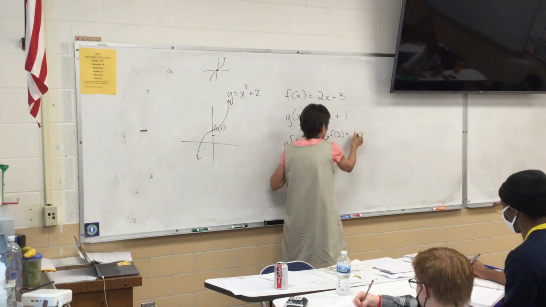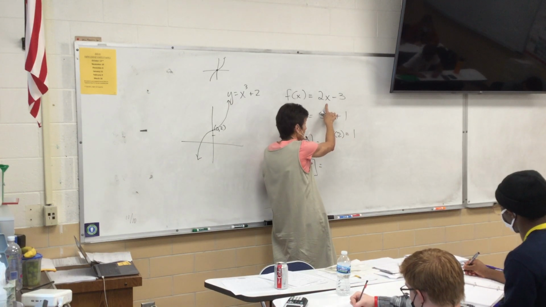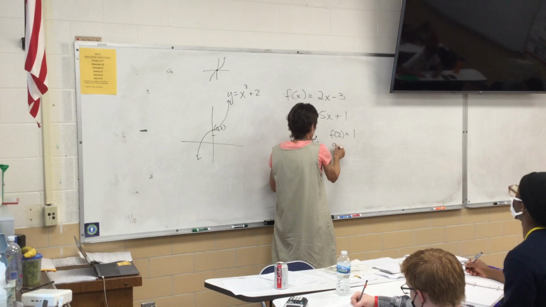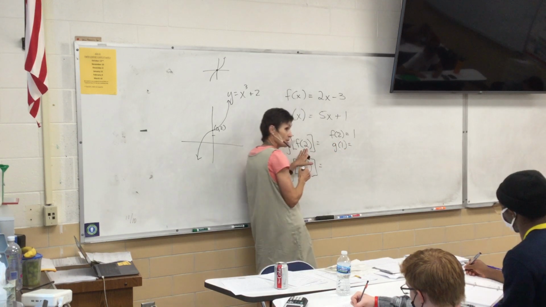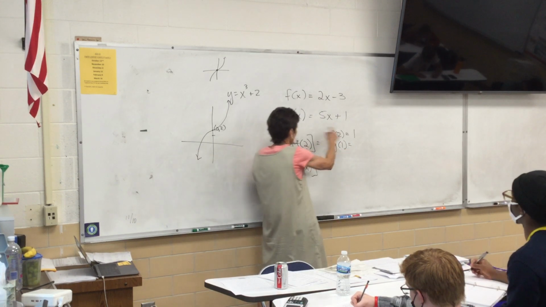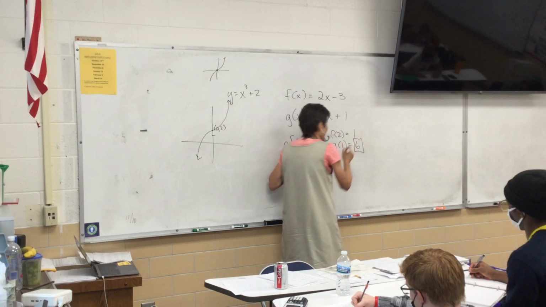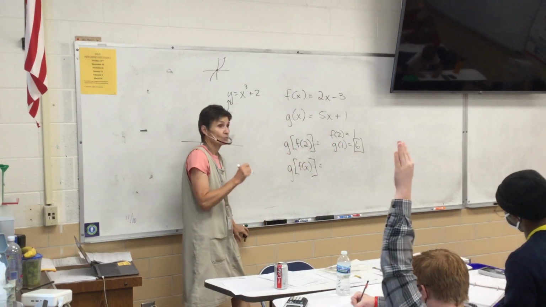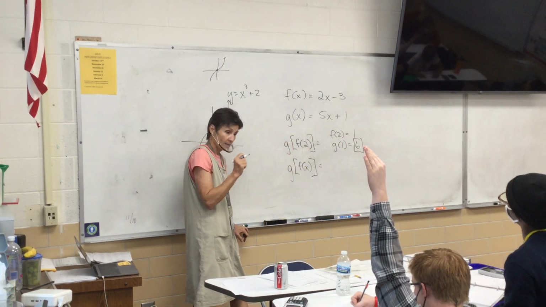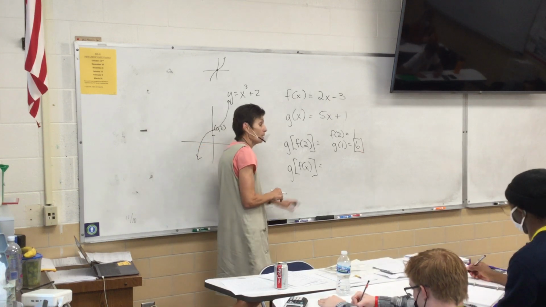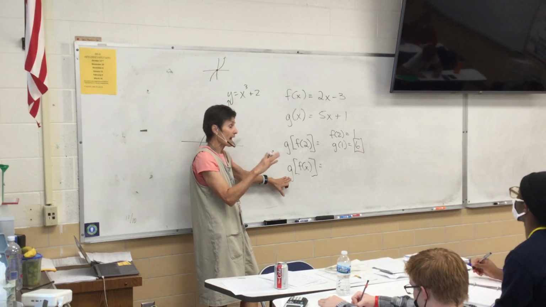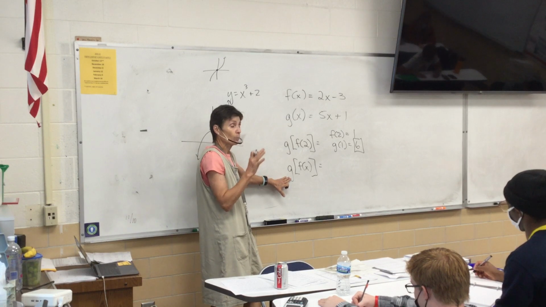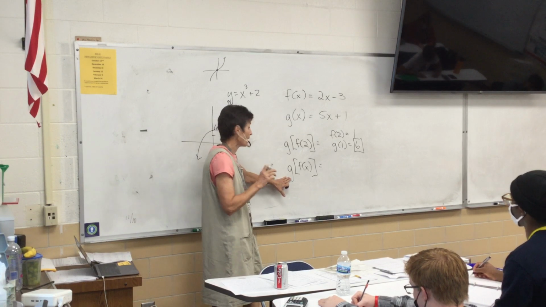We get 1. Everybody agree with that? Yes. Then we take that 1 and we plug it into our g function, and we get 6. How many of you got 6 as your answer to the first one? Awesome. Good. Now, the second one is exactly the same, except we're working with letters instead of numbers.